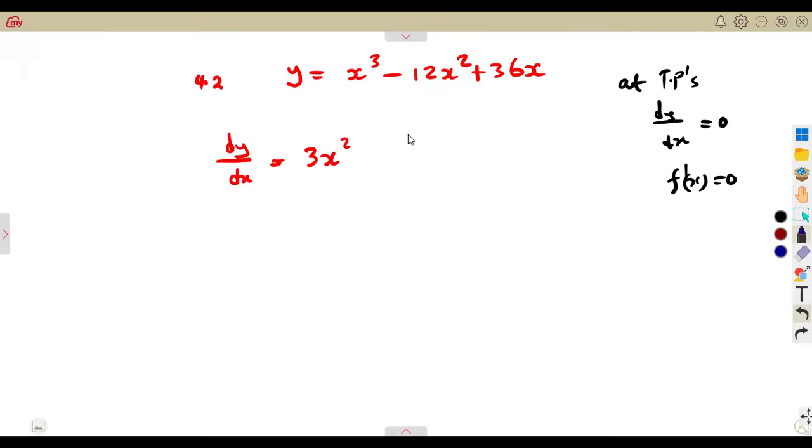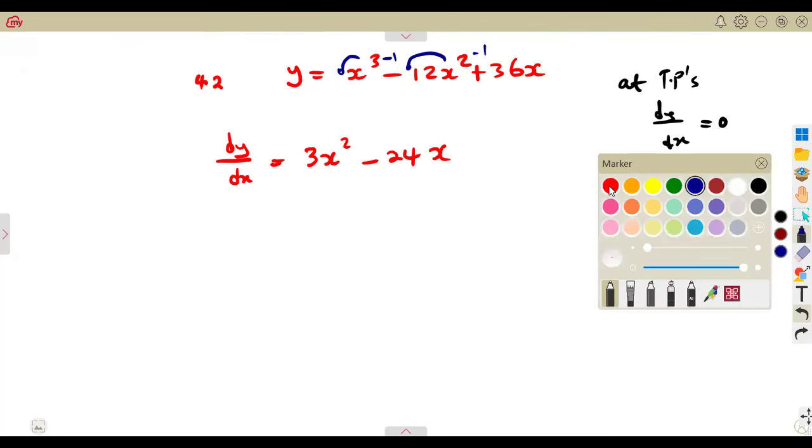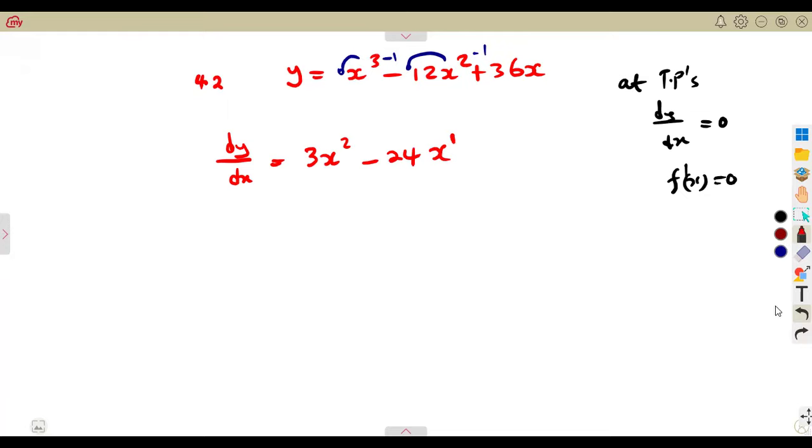Remember, you drop the exponent, then you subtract 1. So you're going to have minus 12 times 2, which is minus 24, x to the exponent of, you subtract 1, that is going to be 1. So it's just going to be like that. This is 36x, a linear term, so you're just going to take 36 as it is.